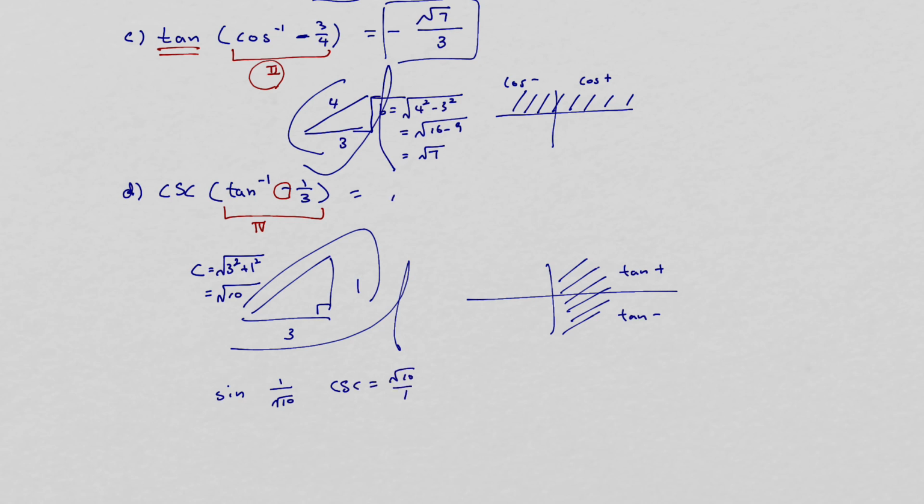So it will be square root of 10. What's the sign of cosecant in the fourth quadrant? Fourth quadrant is going to be negative, because sine is negative in the fourth quadrant.